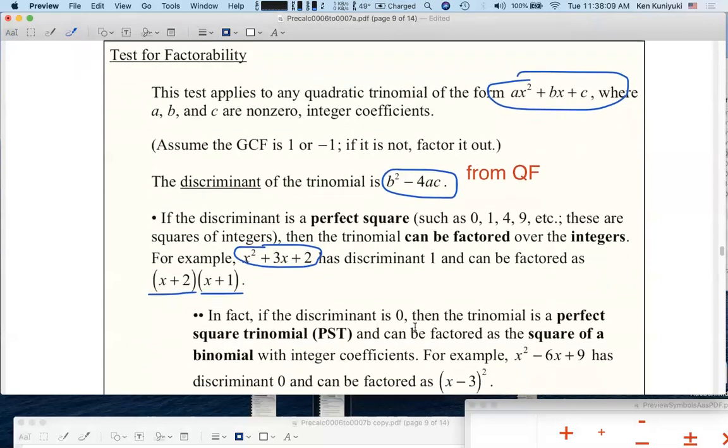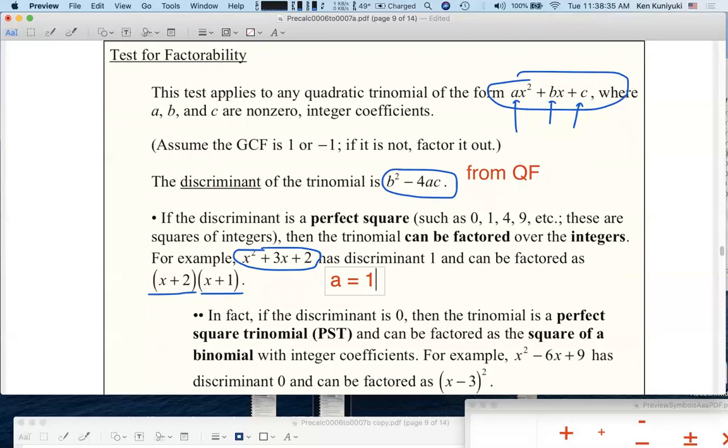Okay, so let's look at this example. X squared plus 3x plus 2. What are the values of a, b, and c? What are the coefficients? Notice that they're all non-zero and integer. All right? What are a, b, and c? It's good to write these down if you're using the QF, for example.